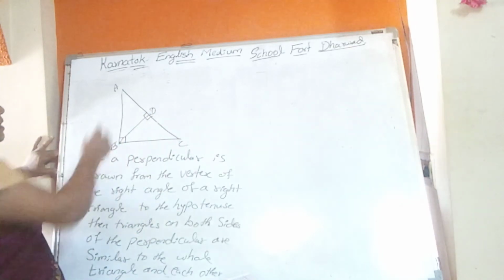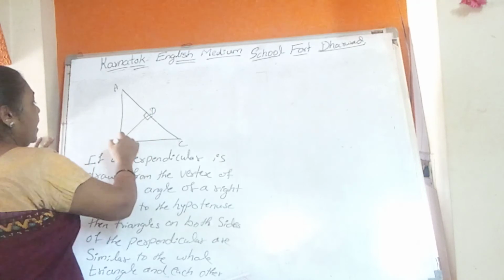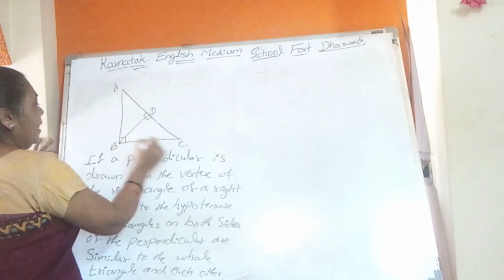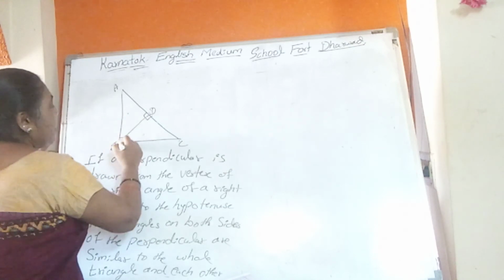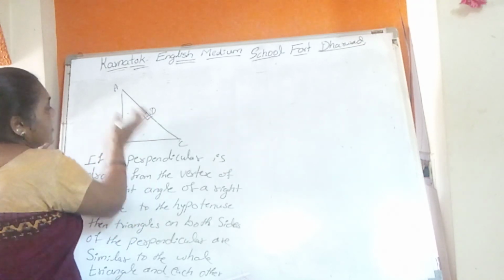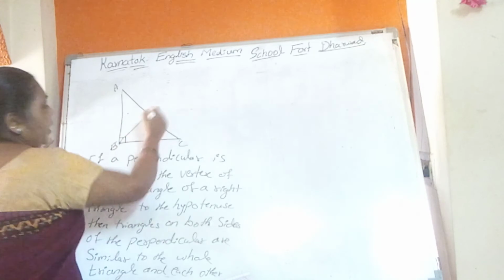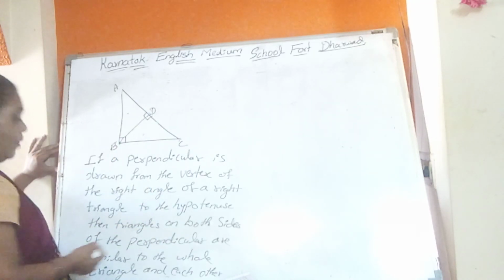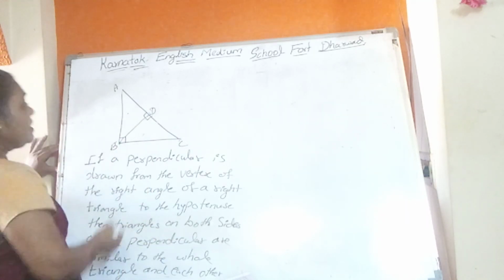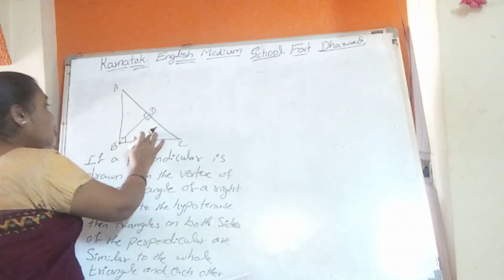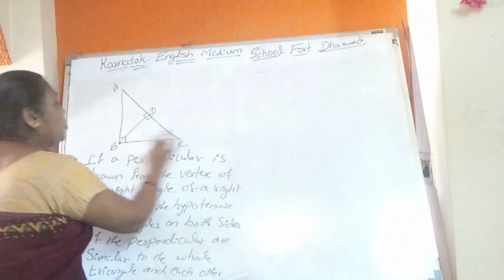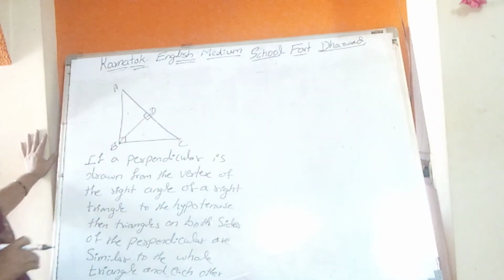How many triangles? ABD and CBD. These two triangles on both sides of a perpendicular are similar. These two are similar to the whole triangle.